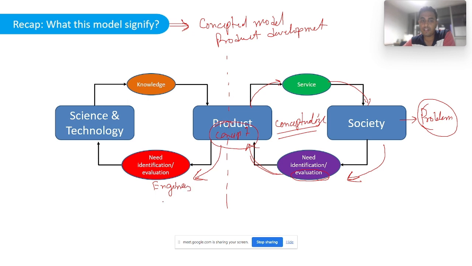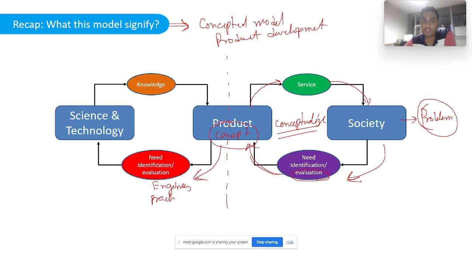Because we cannot exactly send the concept as a service to the society. We need to actually make it feasible. So the next set of requirements, in the left side if you see, are the engineering requirements.